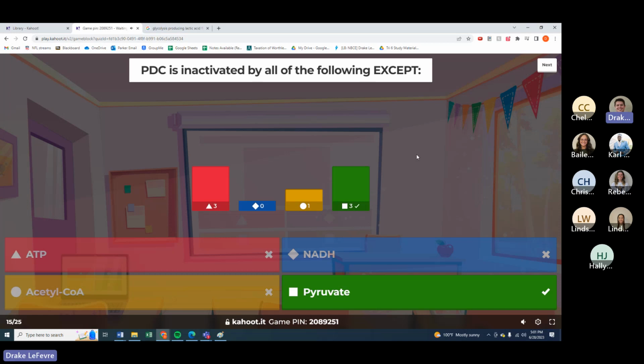This is another one. When we read these questions, the ones that say except are a lot of the times the ones that get people, because they'll read that PDC is inactivated by all of the following and then go down to the choices, but they miss the except.